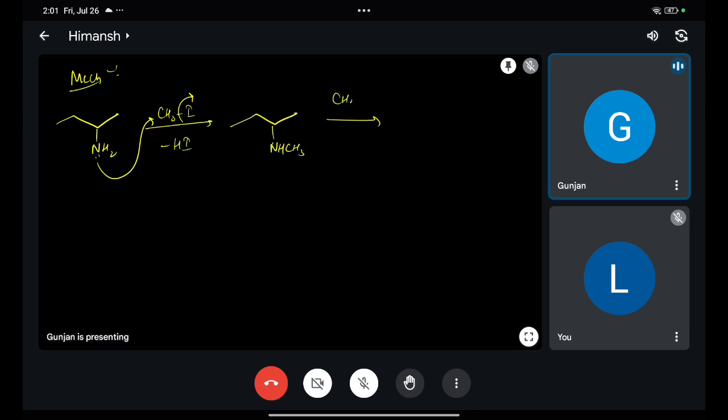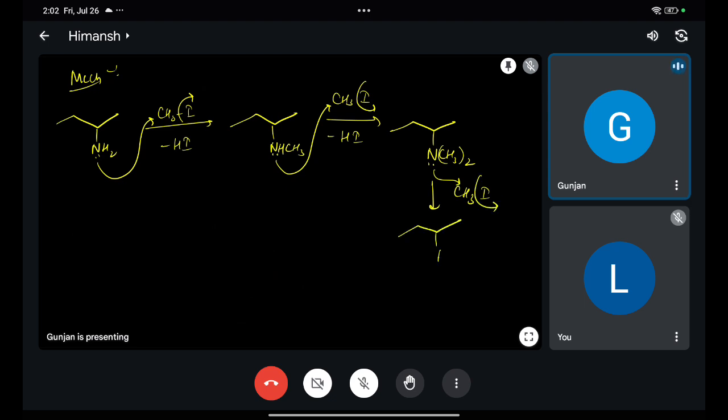Again we are supplying one more methyl iodide, nitrogen has a lone pair, it will attack carbon, HI will again eliminate. So it is NCH3 twice. Again nitrogen contains a lone pair, HI eliminates. Again we are supplying CH3I, nitrogen attacks CH3, I eliminates, and we are again getting NCH3 thrice.